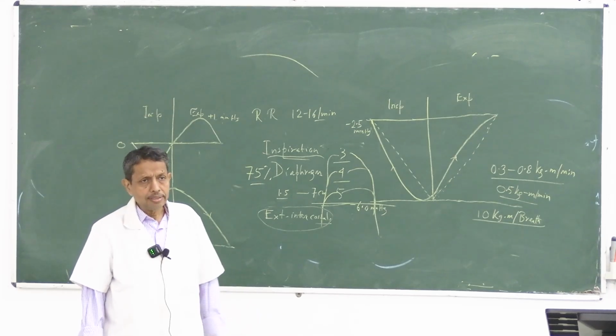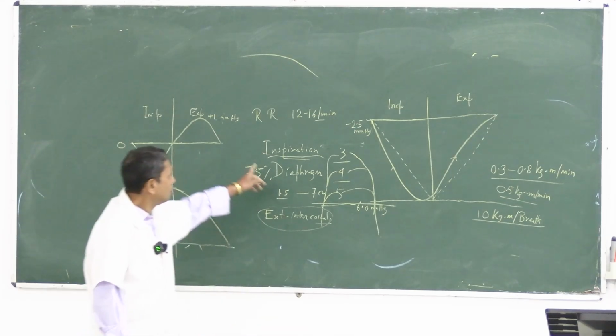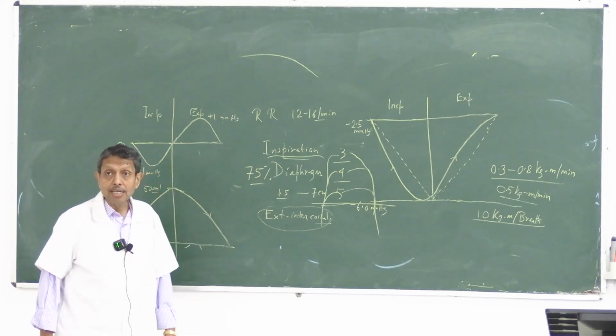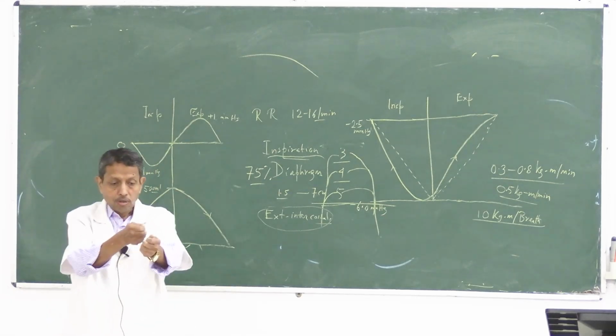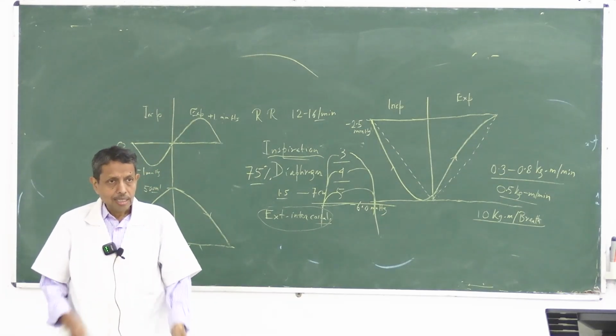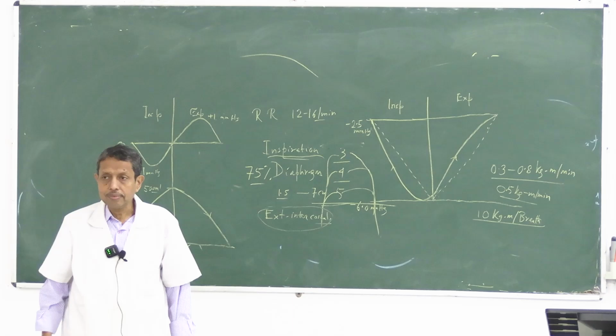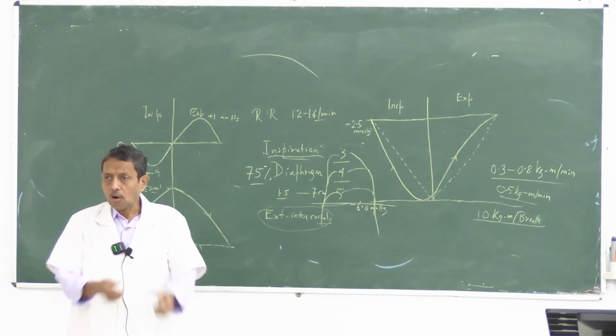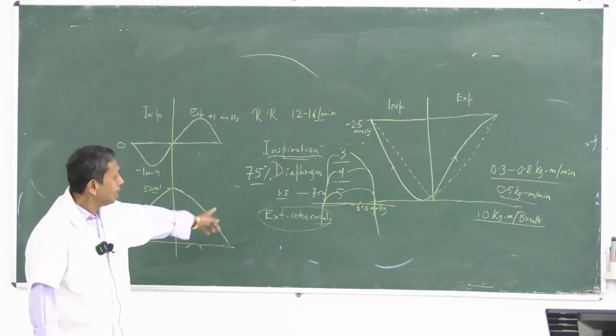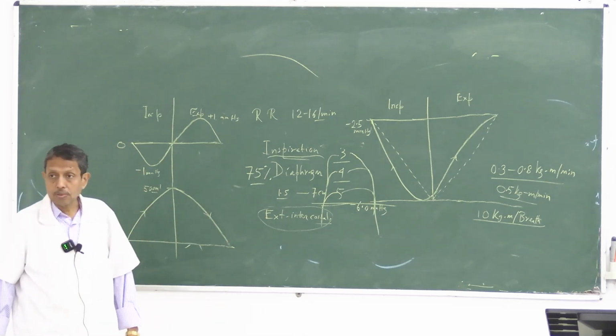So nature is intelligent, and so normal expiration is a passive process. And how is it possible? By the elasticity of the lung, which is primarily responsible.